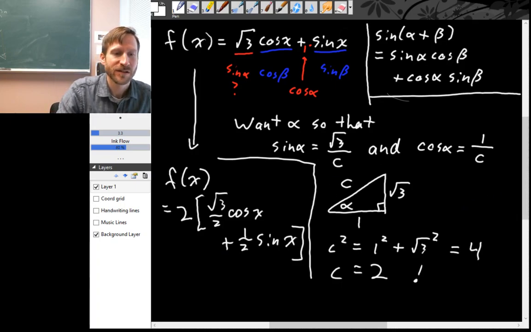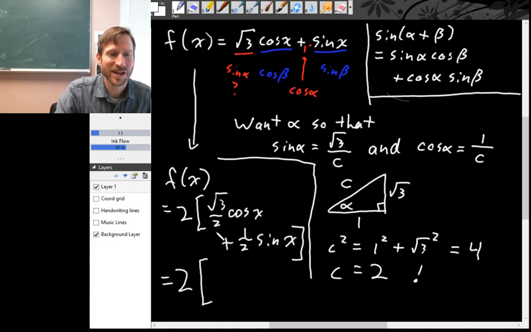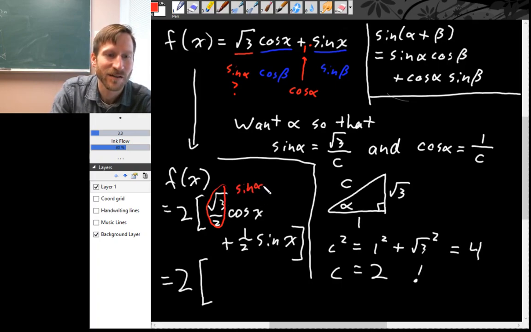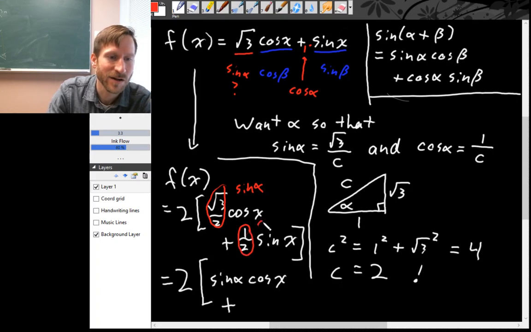All right, so we have 2 times. Well, now we've cooked things up so that this square root of 3 over 2 is exactly the sine of alpha. So we can put sine alpha right here times cosine x plus, and this 1/2 right here is cosine of alpha.